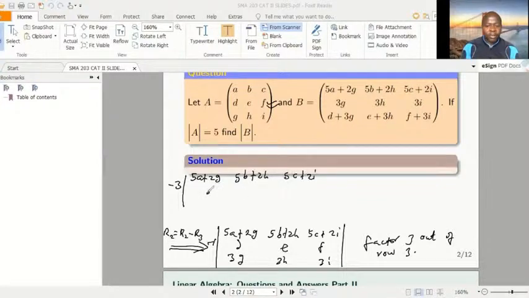And this will be D, E, F, and this other one will be G, H, I. So at least we have row 2 and row 3 in the form of matrix A, because we're expressing matrix B in terms of matrix A.